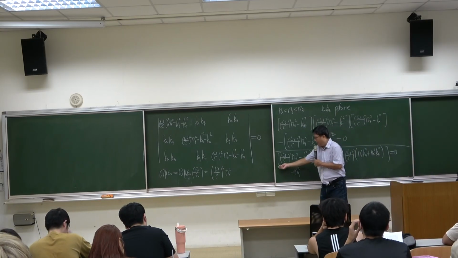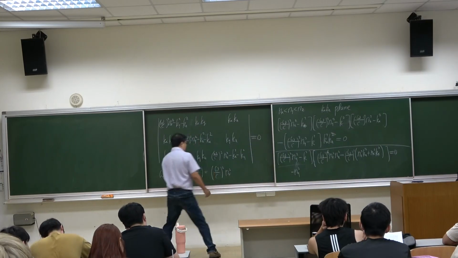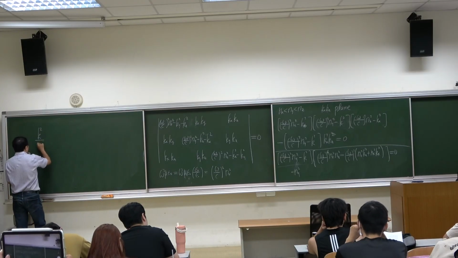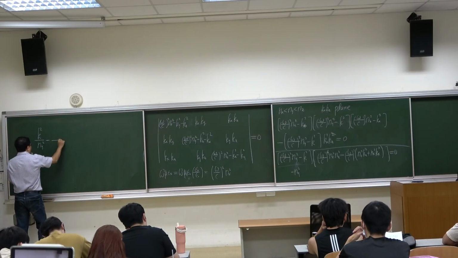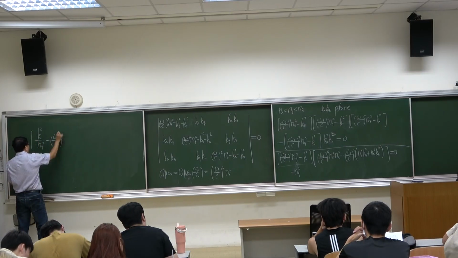I divide this part by minus ny squared, I get k squared over ny squared minus omega over c squared.